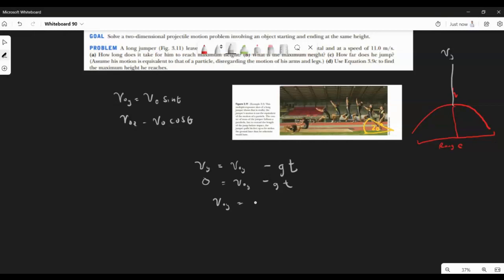So Voy equals gt. Voy in this case is Vo sine theta. When they talk about the initial velocity, they mean Vo, the actual velocity. I just want to be clear with that. We divide that by g, so t equals Vo sine theta divided by g.